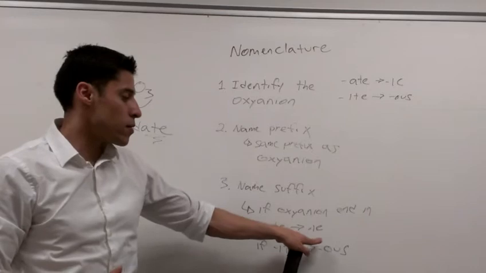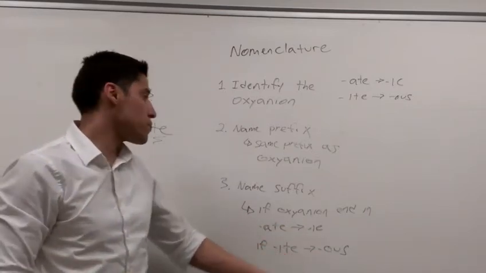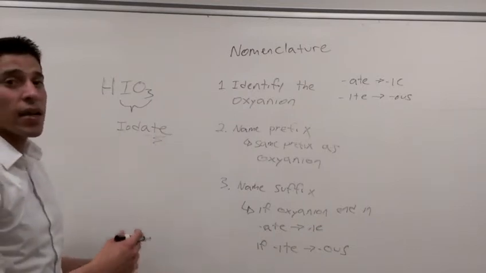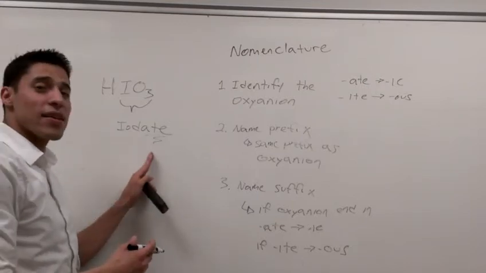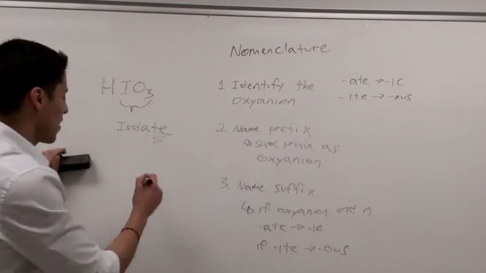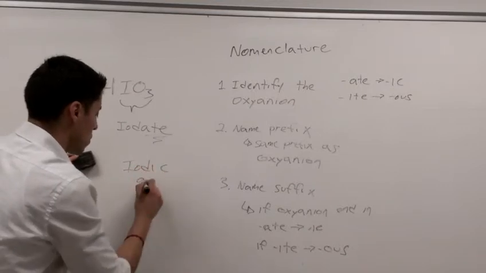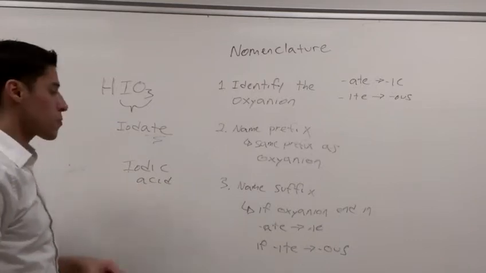If it ends in ate, the acid ends in ic. If it ends in ite, the acid ends in os. So in this case, it ends in ate, so the acid is going to end in ic. So here we have iodic acid.